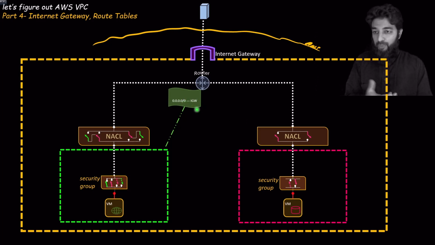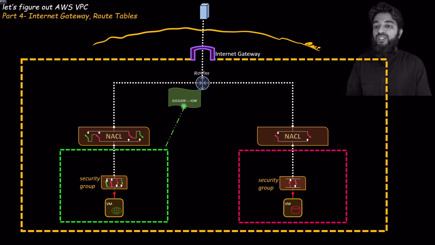Now, as per what we have discussed so far, you would say, hey, if I give the configuration 0.0.0.0/0, that means even if there is traffic that is destined to another virtual machine within the VPC, let's say 10.0.2.10, maybe traffic destined to your database server, right?